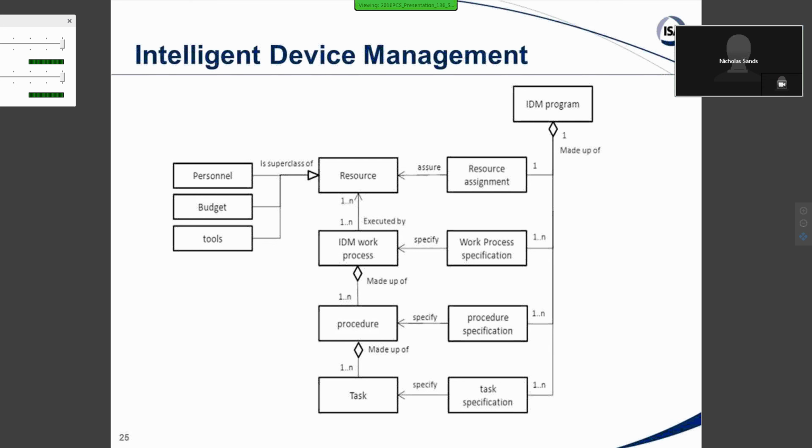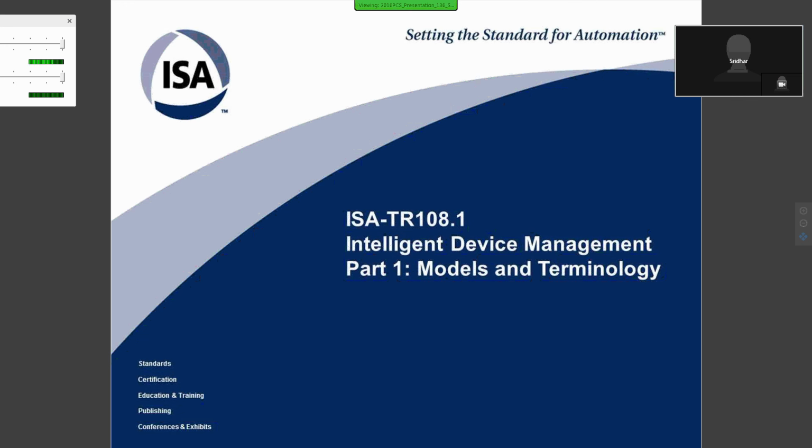So anybody involved with the Intelligent Device Management Committee, or know the number for that one? This is ISA 108. There is an equivalent IEC standard for this, which is SC65E led by Ian Verhappen, and I'm an information member with this committee. So you're exactly right.